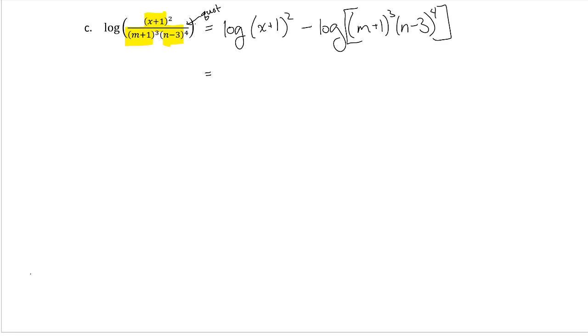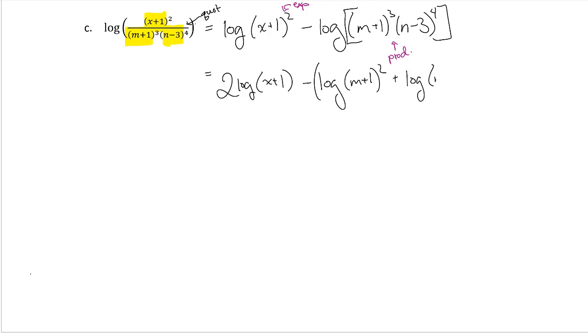From there, I can identify that we've got an exponent law here, and we've got a product law here. So my next step is to address those two pieces. So I'm done with this first term now, which is kind of nice. Minus log of m plus 1 squared plus log n minus 3 to 4.